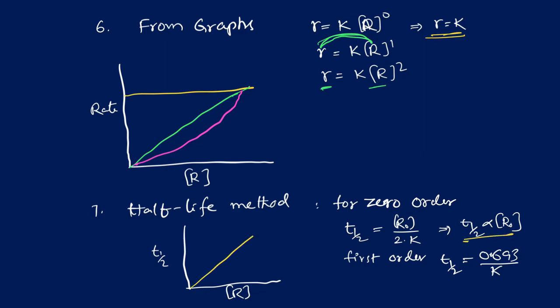Now, for the first order reaction, this 0.693 is constant, K also constant. Therefore, with respect to first order, we can draw a horizontal straight line. By using graphical methods and half-life method also, we can determine the order of reaction.